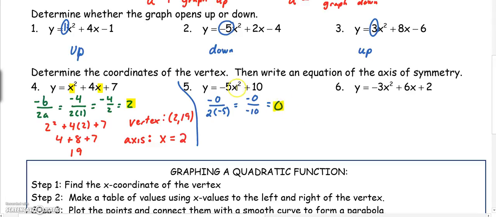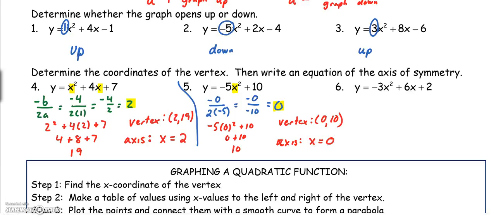I'm going to substitute that 0 in for x to get my y-coordinate. So negative 5 times 0 squared plus 10 gets me 0 plus 10, which is 10. So that means my vertex would be 0, 10. My axis goes through the x-coordinate, so it would be x equals 0.